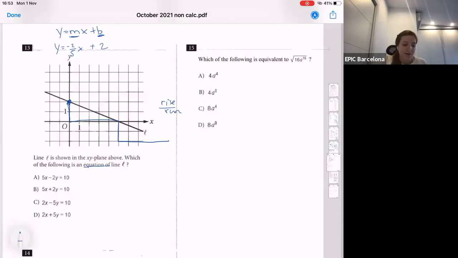So I definitely want a negative x value and I want it to be negative 2/5. And this is going to divide out. Let me just use choice C as an example, though this isn't the answer choice: 2x minus 5y is equal to 10. Remember, I want to put everything in terms of y to put it in slope-intercept form. Okay, so I'm going to move over the 2x, it becomes negative 2x.